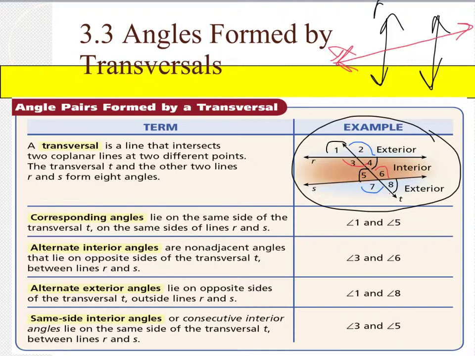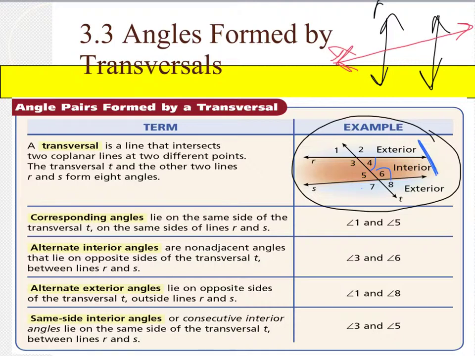Lastly, same side interior. What they're talking about here is same side of the transversal. So remember when we were talking about angles 2, 4, 6, and 8, we're talking about our two interior angles. Both of them would be on the right. So interior 4 and 6 are on the same side of the transversal, being to the right side of that transversal.